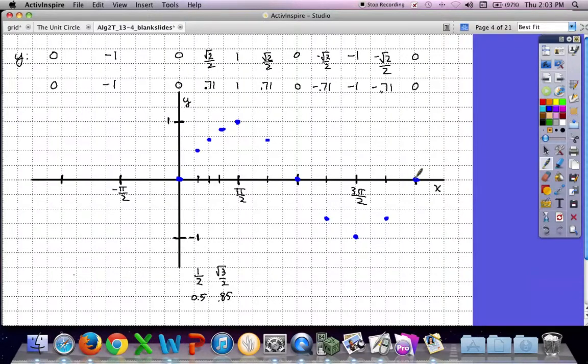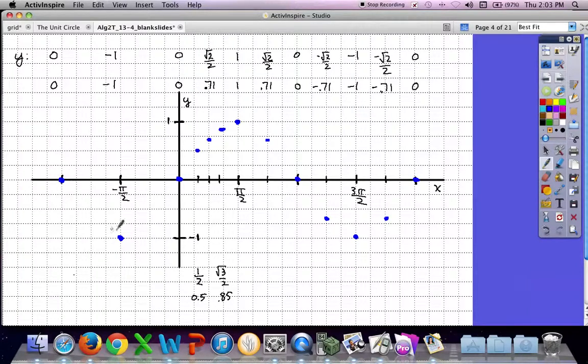Now, using negative angles, like we did with that one homework problem, at negative pi over 2, that's like 270 degrees. You're at -1. And at negative pi, as a negative angle, it's still the same place as positive pi. It's here.